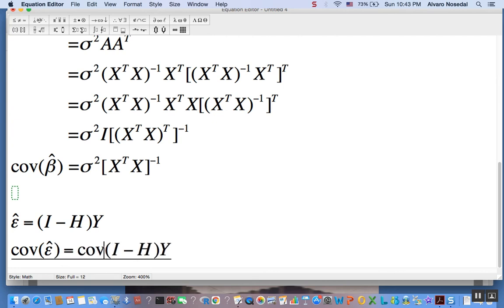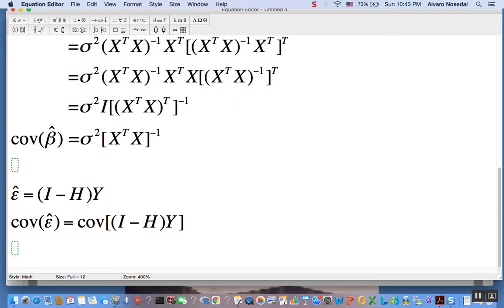So that's the covariance of this, a matrix, times Y. Using our proposition, what we have is matrix times covariance of Y times matrix transpose.